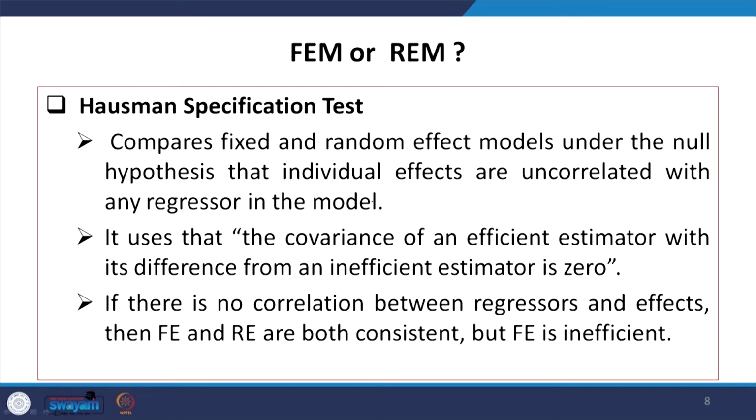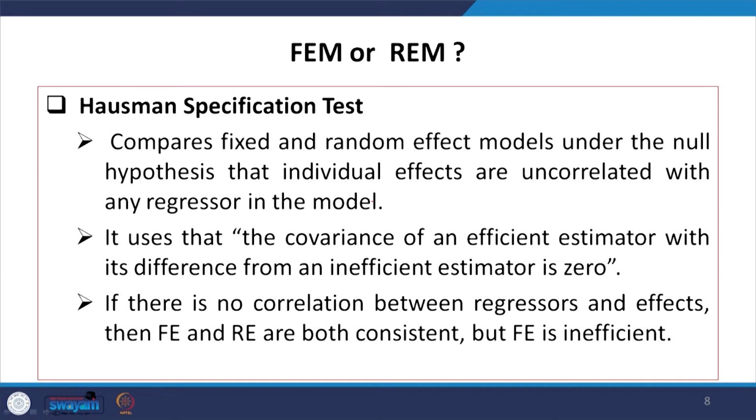Now we are going to clarify whether our data should be interpreted with a fixed effect model or a random effect model, since we cannot just take any model randomly. So we need to specify with a test called the Hausman specification test. This compares fixed effect and random effect models under the null hypothesis that individual effects are uncorrelated with any regressor in the model.